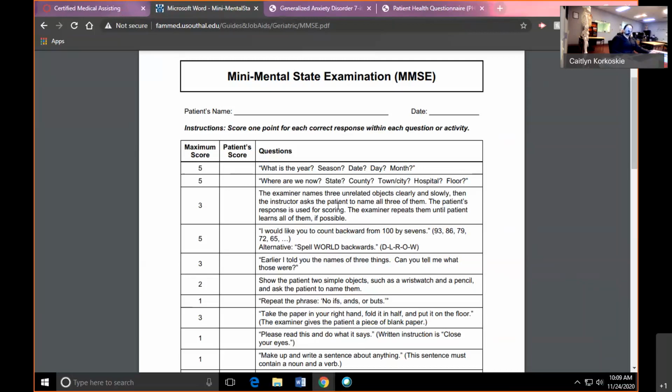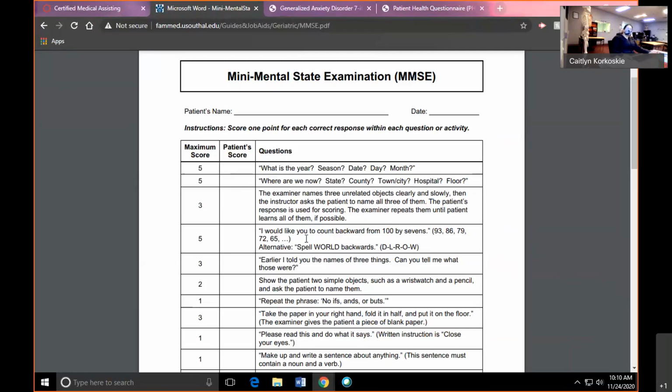You want to make sure that you say it clearly and slowly so they can hear all 3 of them. You'll tell them, I'm going to name 3 unrelated objects, and I want you to repeat all 3 of them back to me. So again, I'd say apple, table, and penny. And if they miss one, you just reduce a point.